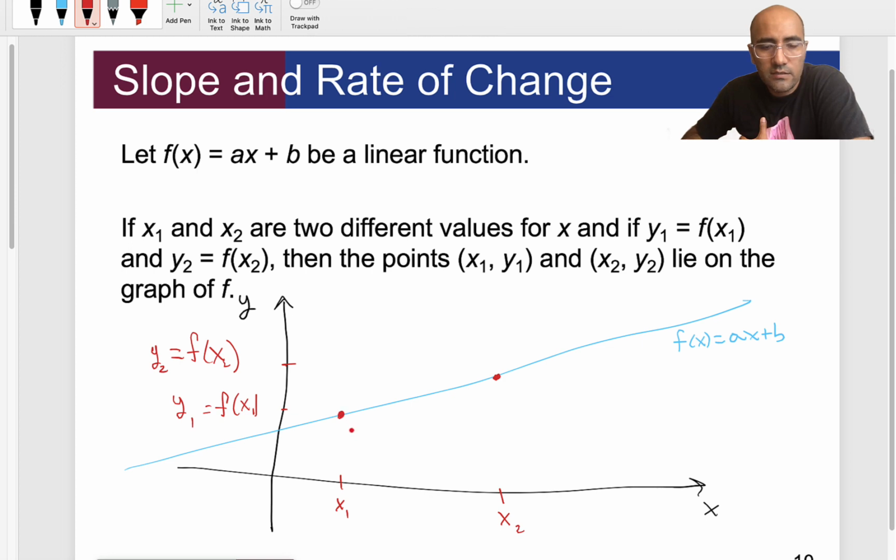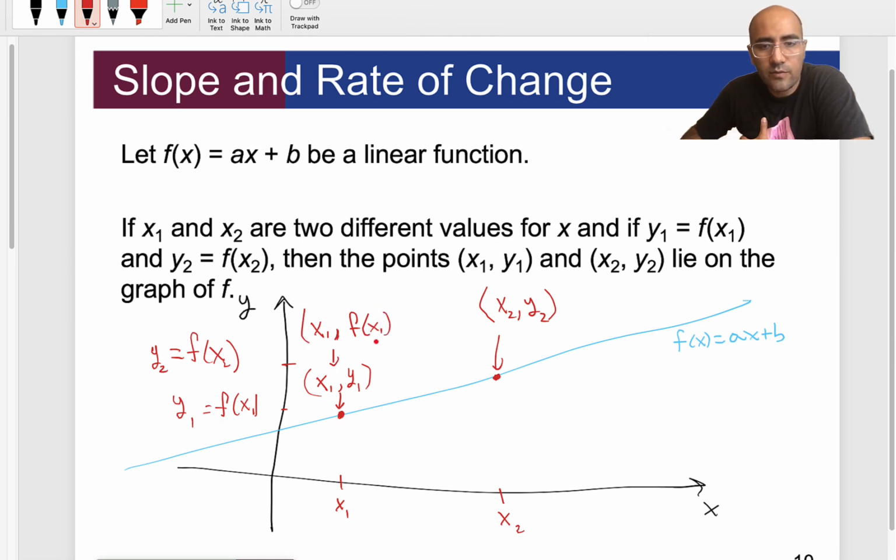Okay, so then this point right here is the point x1, y1, and this point is the point x2, comma y2, which we can also say that this one is x1, comma f of x1. Right? All the notation is the same.